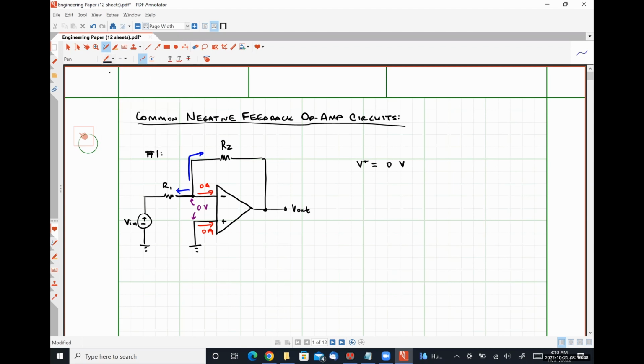So that's going to look like (0 minus Vin) divided by R1 plus (0 minus Vout), so minus Vout, over R2 is equal to 0. And with just a little bit of algebra, we find out that Vout is equal to negative R2 over R1 times Vin.